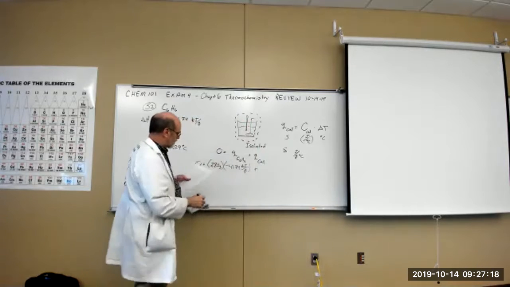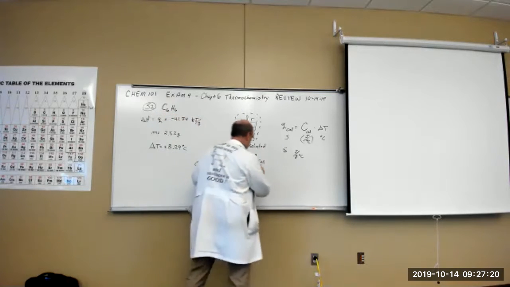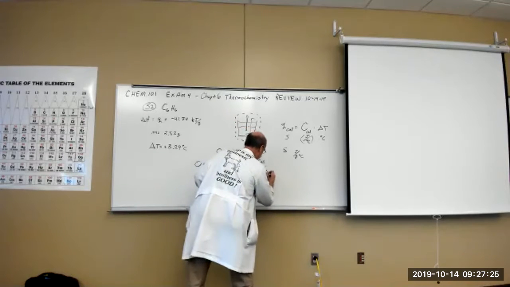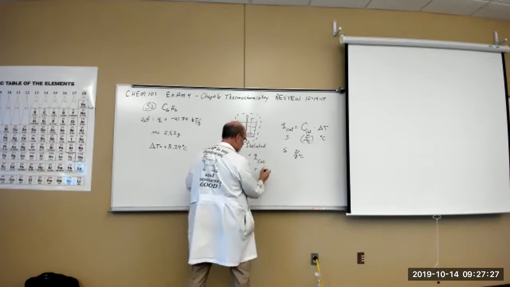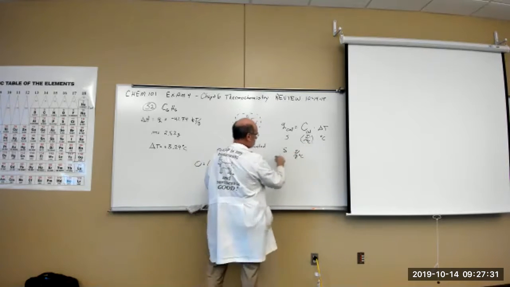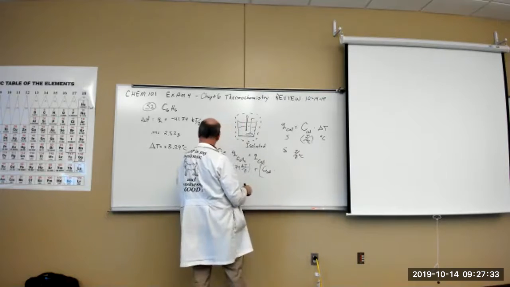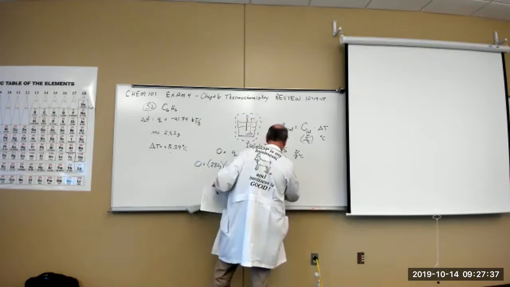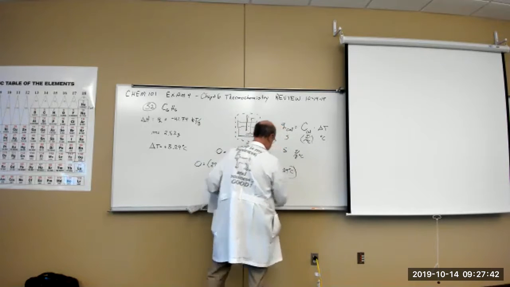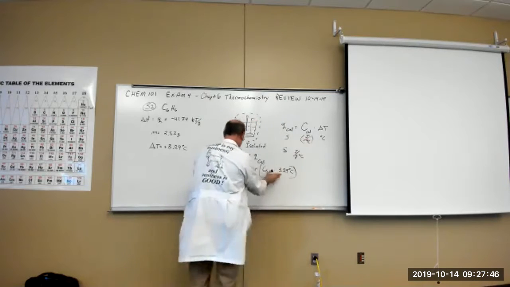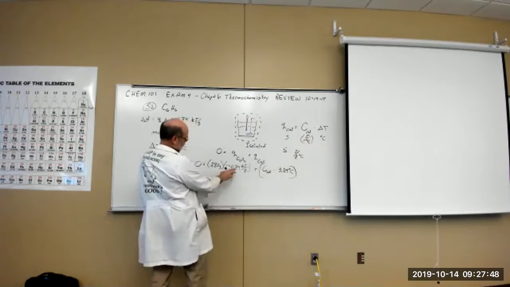Okay, so now we get back to this. So in order to find the calorimeter constant, that's an unknown, we multiply it times the change in temperature, right? So the change in temperature is 3.29 degrees centigrade. And that should cancel this and leave us with joules. So joules here, kilojoules there.